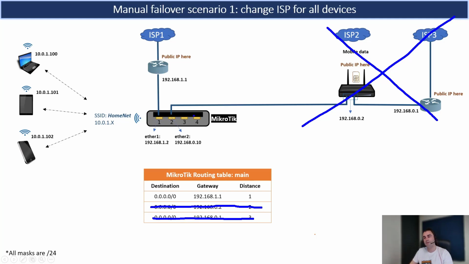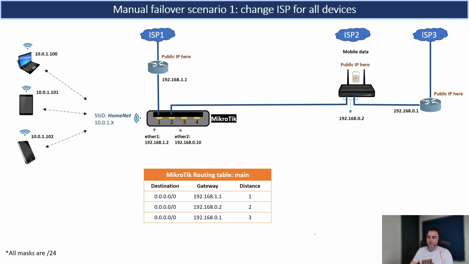But the MikroTik itself, this is the routing table of the MikroTik. It has to have a routing table as well, and it has to have a default gateway as well. And the default gateway initially was pointing to .1.1. Now I'm adding two more entries, and one is going to .0.2, which is my ISP2. Another one is going to .0.1, which is my ISP3.